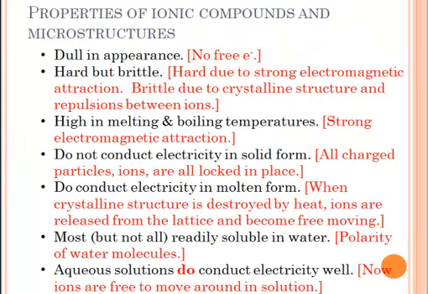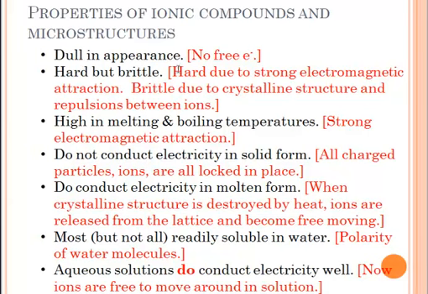So here is a very important concept: the properties of ionic compounds are determined by the microstructure, by this ionic microstructure, the crystalline structure, and also the positive and negative charged ion interactions. The other one is why it's dull in appearance, because there are no free electrons.